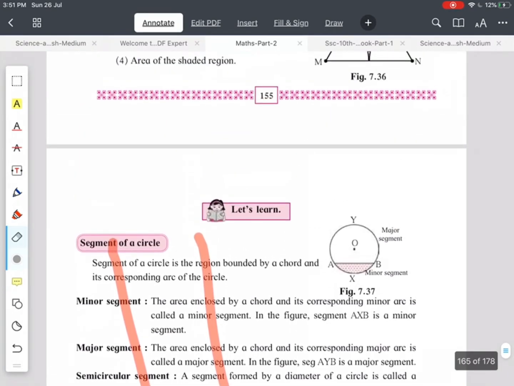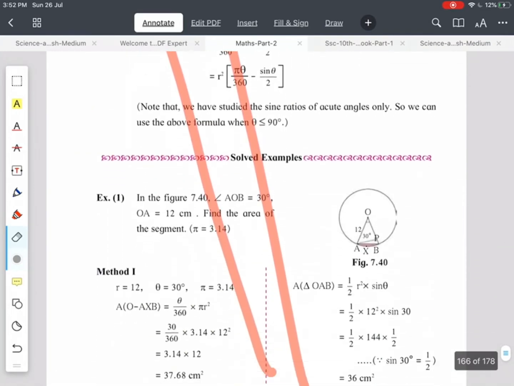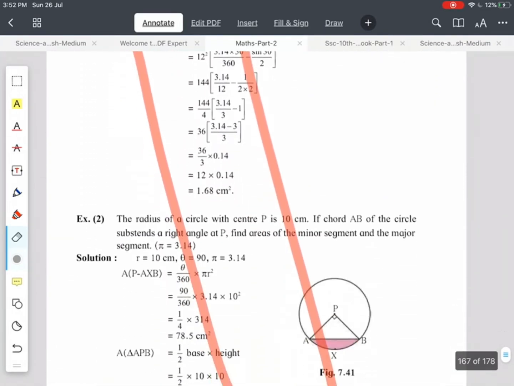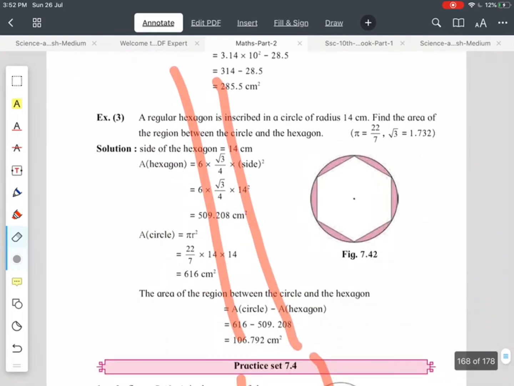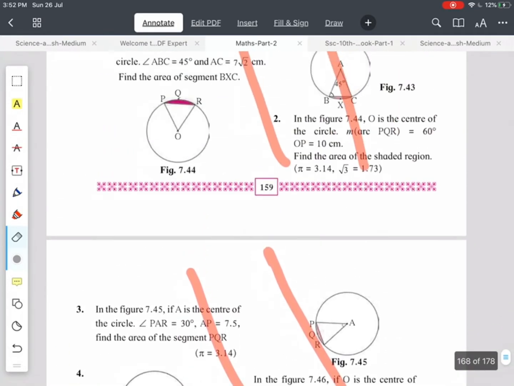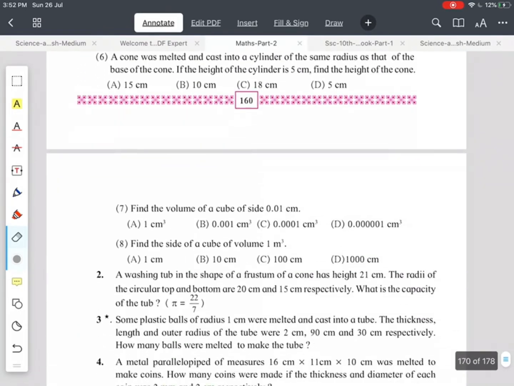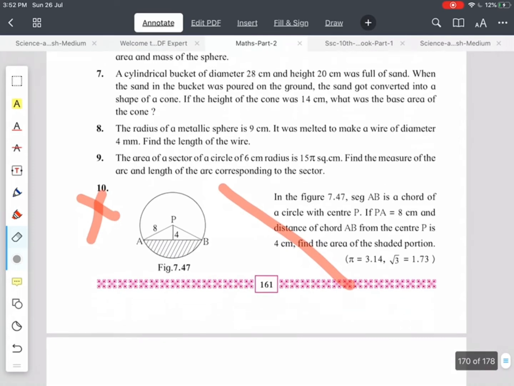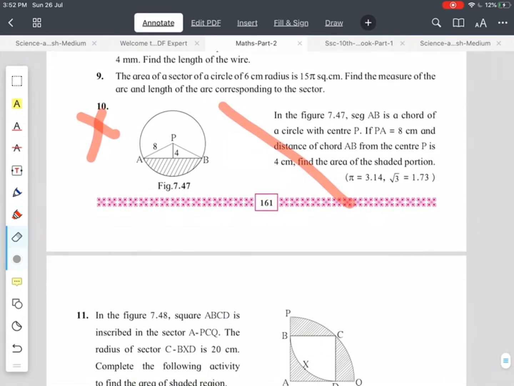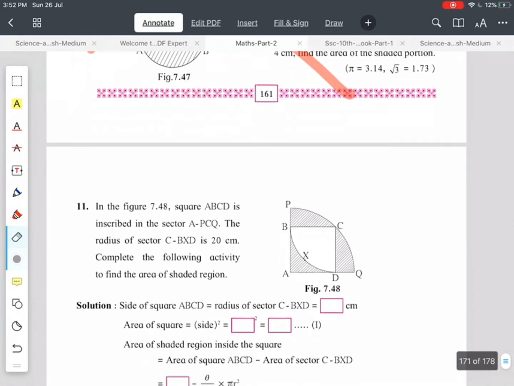Page number 156 is omitted. 157, 158, 159, the full practice set, is omitted. From the problem set, a few examples based on segment, area of segment. The 10th example is omitted.